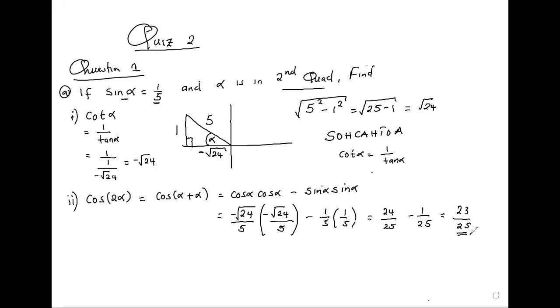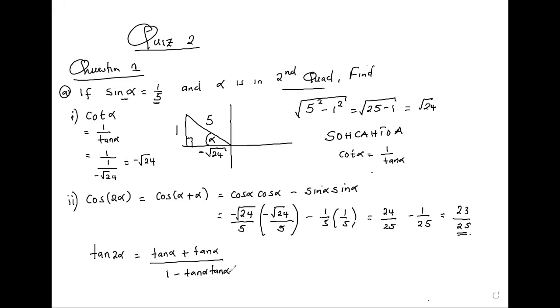Now today there was sine and cos. The day you find tan 2 alpha, remember that it is tan alpha plus tan alpha over 1 minus tan alpha tan alpha.